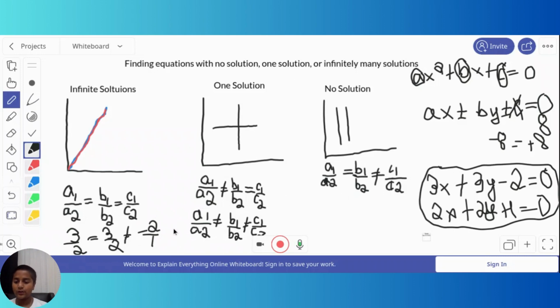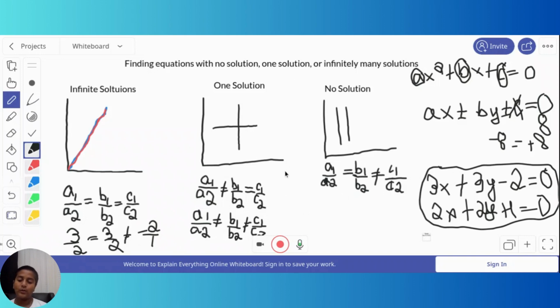So for infinite solutions, you have to make sure all three fractions are equivalent or equal. For one solution, normally the case is that the first fraction is 3 over 2, but our next fraction, B1 over B2, is negative 2 over 1. So 3 over 2 does not equal negative 2 over 1.